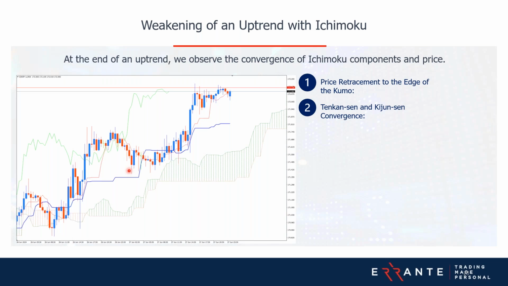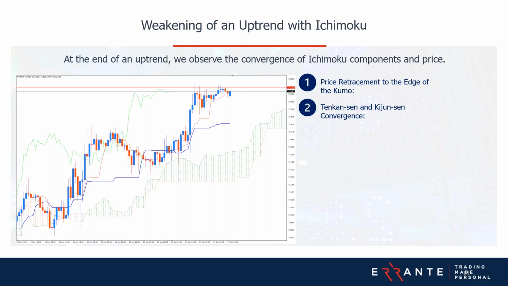We should keep in mind that Tenkan-sen reflects short-term price movements. Again, I really want to emphasize this because this is a key to understand the shift in the sentiment of the market, because it indicates a slowdown in the recent price movement relative to the longer-term trend, suggesting an indecision phase in the market somehow.